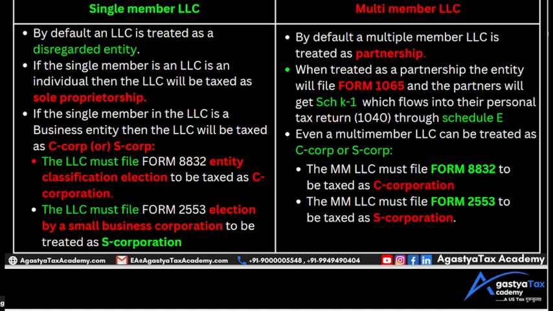Last point. The multiple member LLC must file Form 8832 to be taxed as C corporation. The MMLLC can file Form 2553 to be taxed as S corporation. You understand the difference, right?